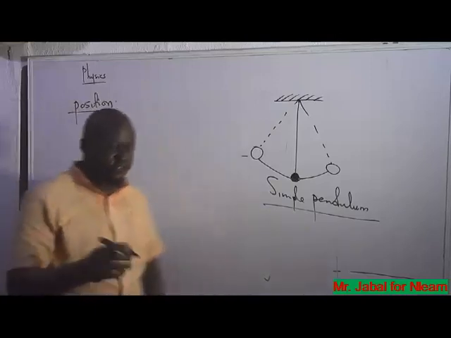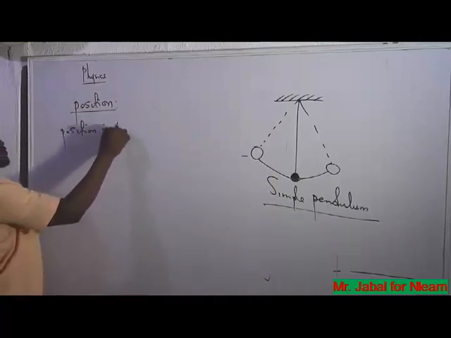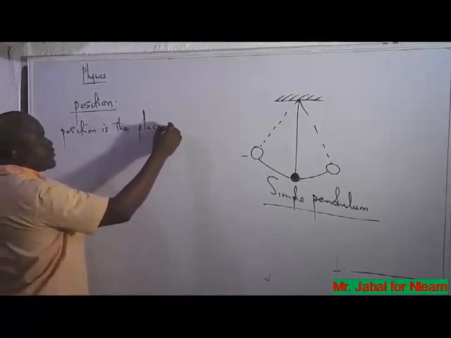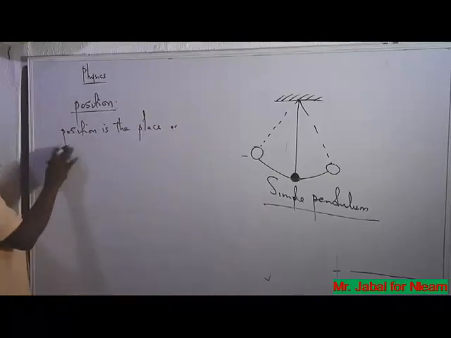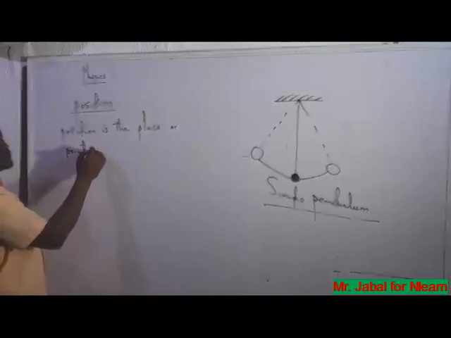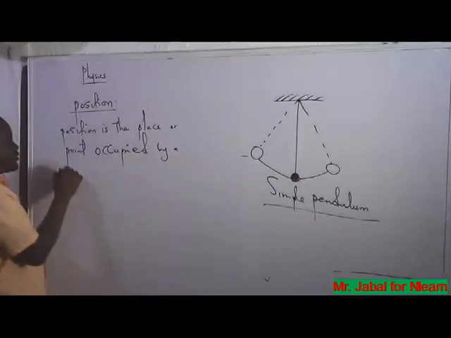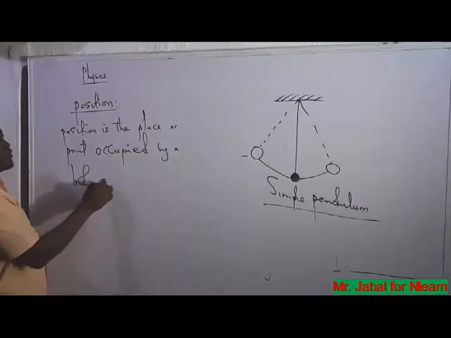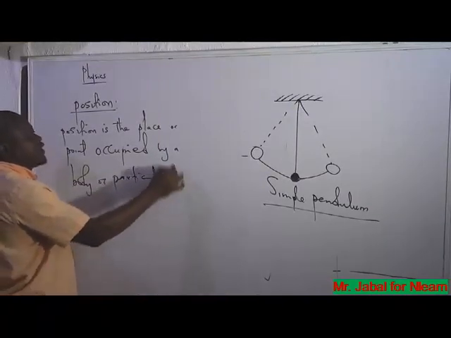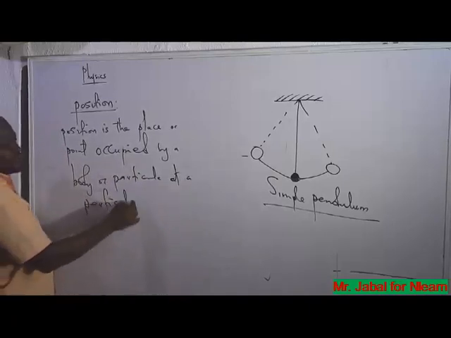From our definition, you take it: position is the place or point occupied by a body or particle at a particular time.